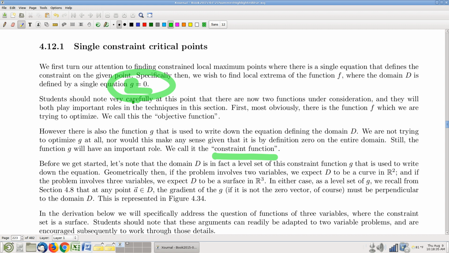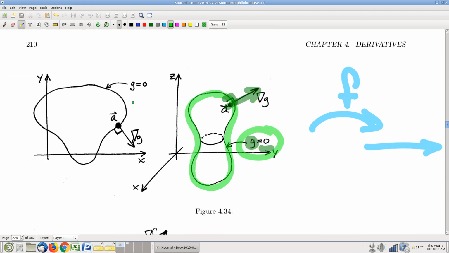That's got an equation. That is some function equals 0. So we started off again thinking about boundaries. We're going to end up solving a harder problem of optimizing on any surface with an equation. Okay, so I just wanted to throw that out there.